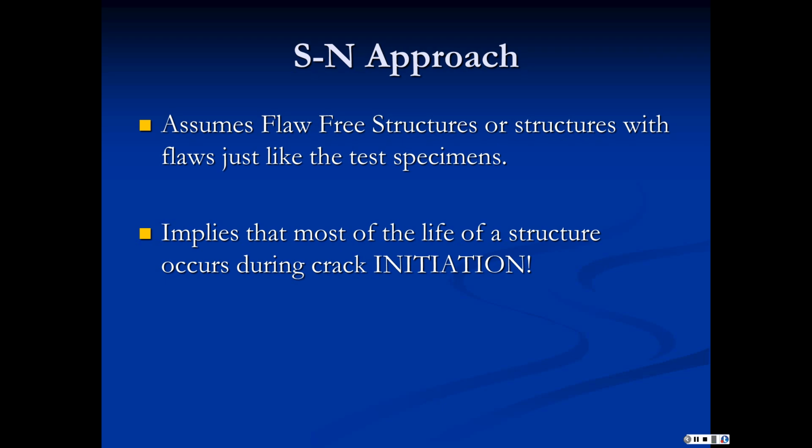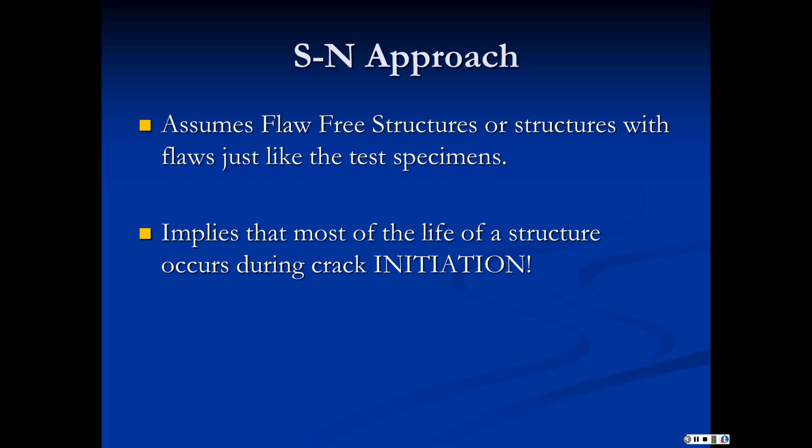So the basic approach in the SN is we're going to assume flaw-free, and we're going to make sure that the specimens we test are as close to the structure that we're working with as possible, and if not, we're going to modify the allowable stresses to deal with that. And again, I emphasize that what we're talking about here is we're going to attack fatigue resistance with the SN approach by trying to prevent crack initiation.